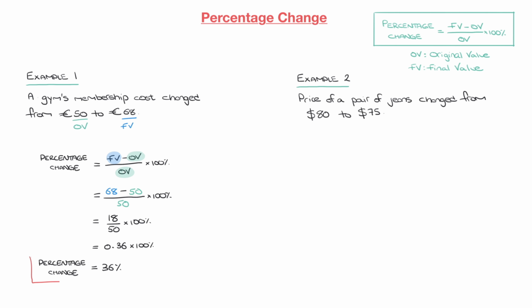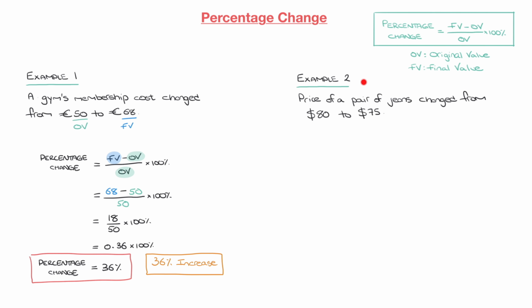And that's the answer. The gym membership cost increased by 36%. The fact that we got positive 36% is what confirms that we are dealing with a percentage increase. If ever we get something negative as a result, as we're about to see in example 2, then we'd be dealing with a percentage decrease.